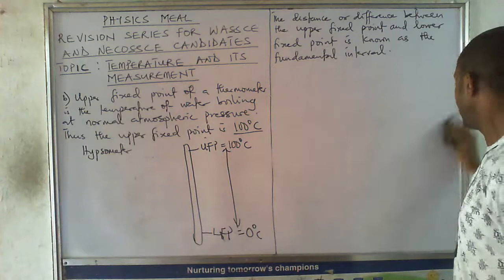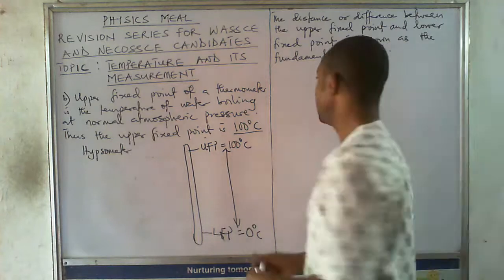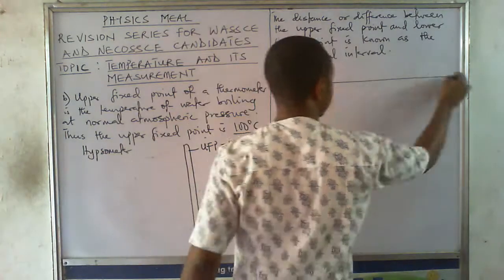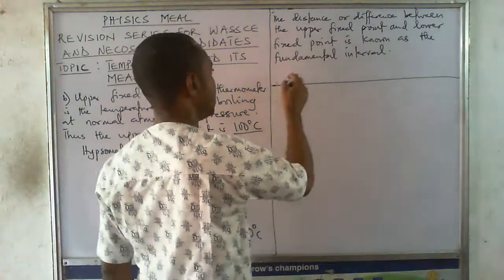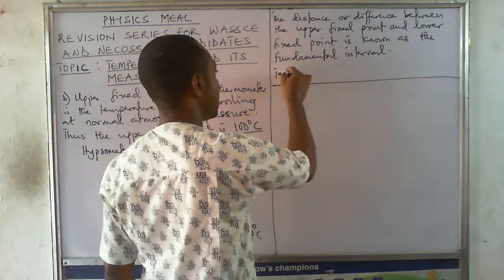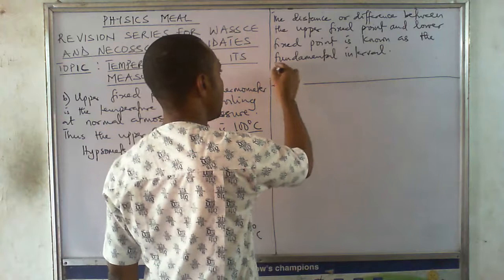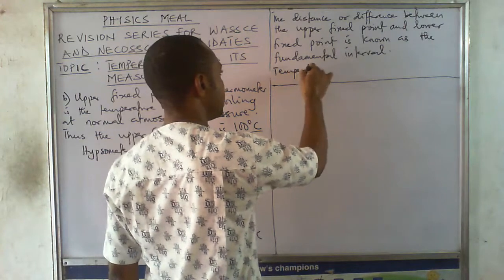So let's just drop a table, the table below which shows us the fundamental interval of this. Now let's say this is the temperature scale. We have a temperature scale.